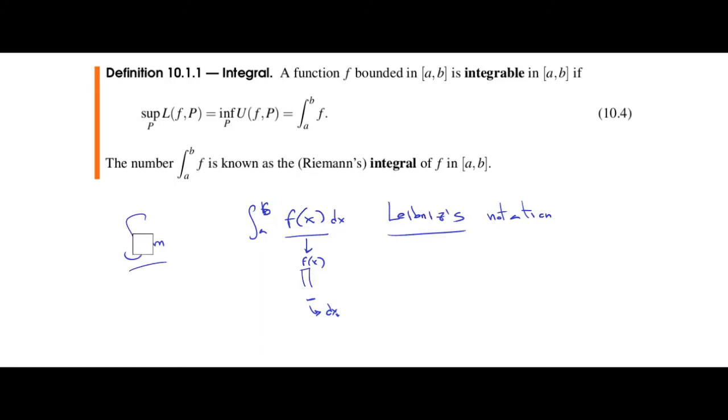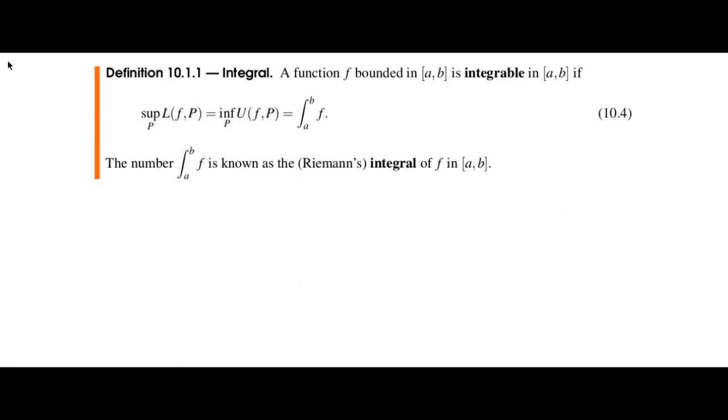So yeah, not all bounded functions are integrable. For instance, a typical example of a non-integrable function is the function that is 1 when x is a rational number, and 0 when x is not rational. It's not going to be integrable because of the lower sum for every partition, right?